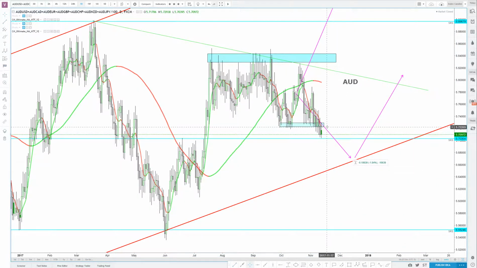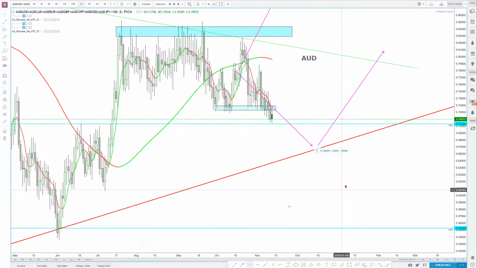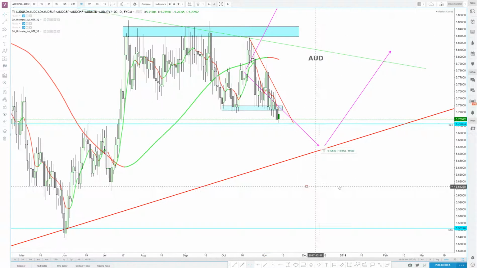If we start to move higher and breaking all kinds of trend lines here like this, I don't know if you can see that light green. Should probably turn it red so you can see it better.